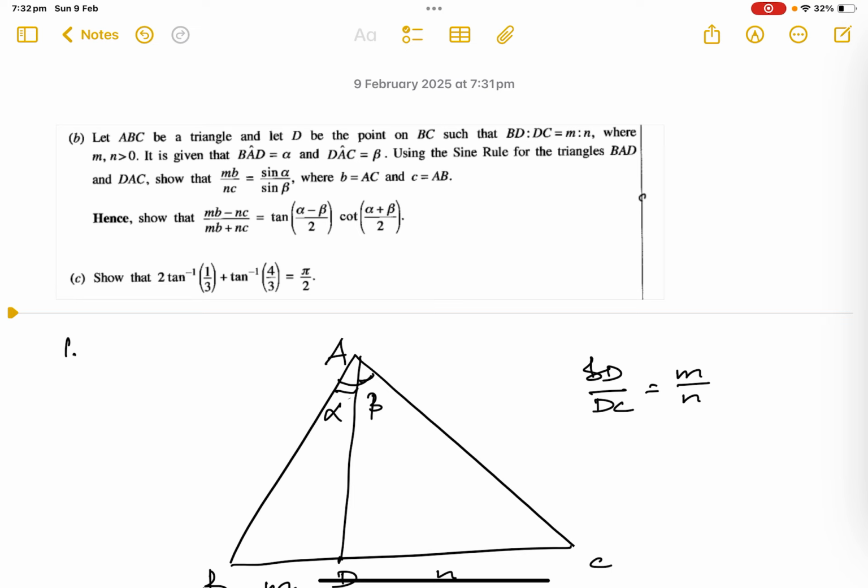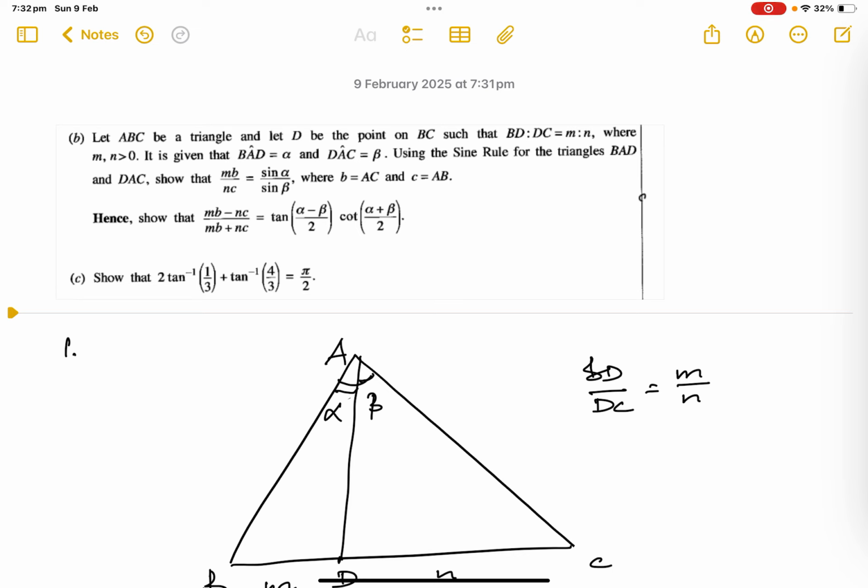It is given that angle BAD equal alpha and angle DAC is beta. Using the sine rule for the triangles BAD and DAC, show that MB over NC equals sine alpha over sine beta, where B equal AC and C equal AB.